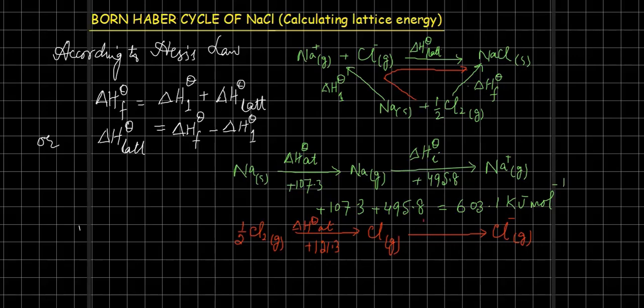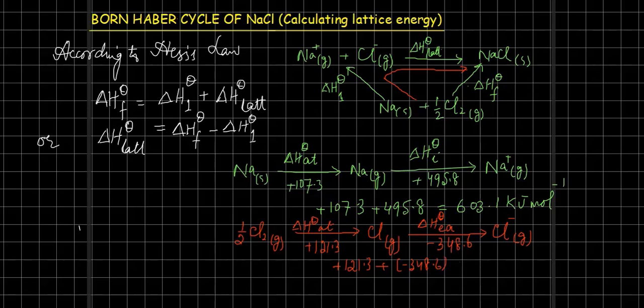and the standard enthalpy change of electron affinity, simply saying electron affinity, is minus 348.6 kilojoule per mole. So combining these two values, you will find plus 121.3 plus minus 348.6.